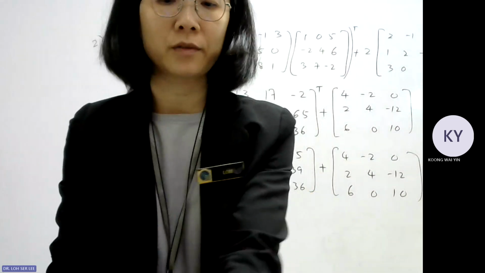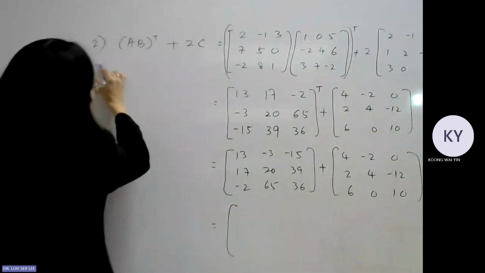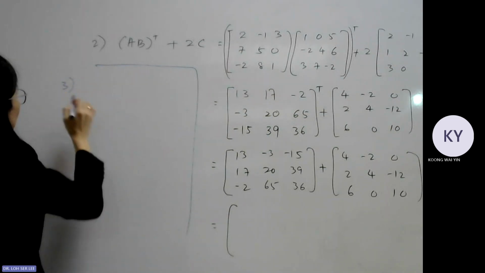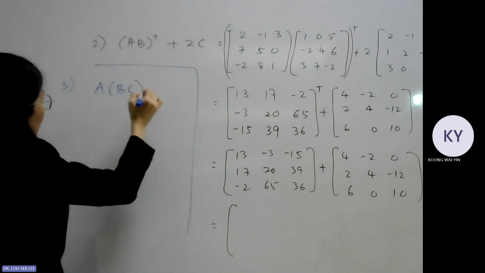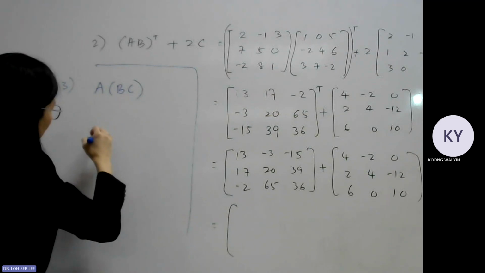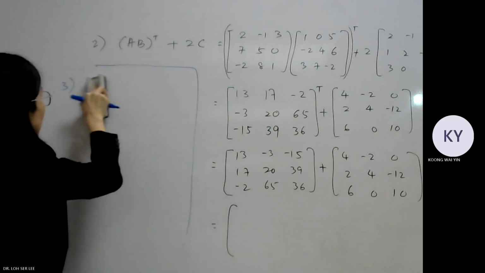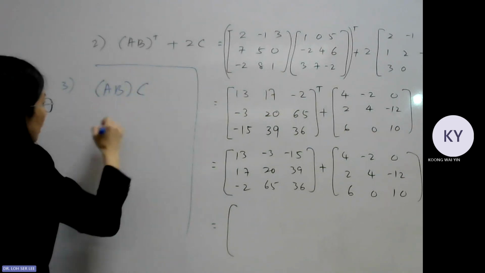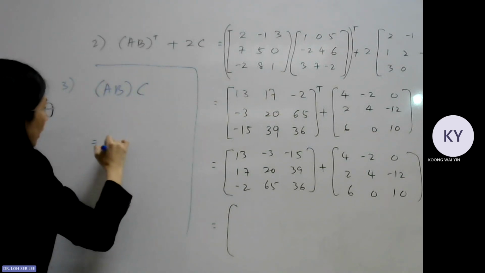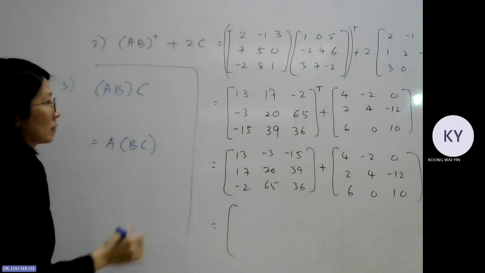I write it here for number three: the associative law is (AB)C equals A(BC).